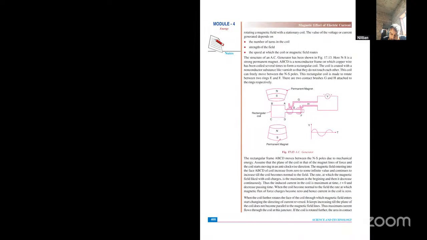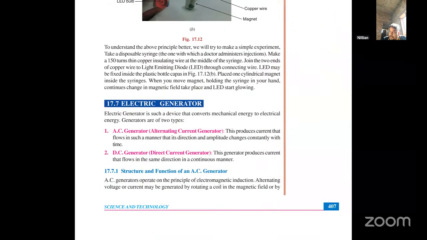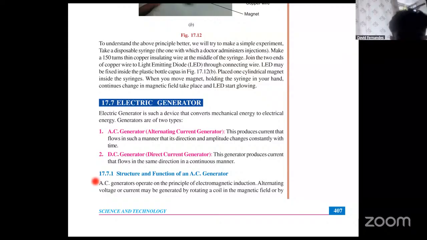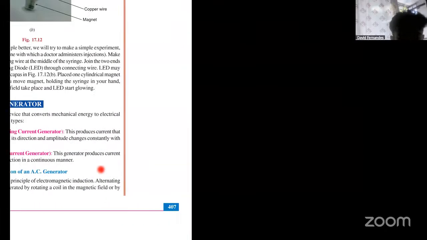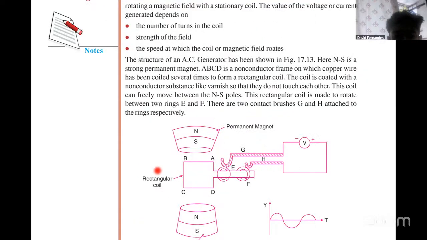Okay, so now we will read about the electromagnetic generator. I request Mr. David, please read this from here. AC generators operate on the principle of electromagnetic induction. Alternating voltage or current may be generated by rotating a coil in the magnetic field or by rotating a magnetic field with a stationary coil.